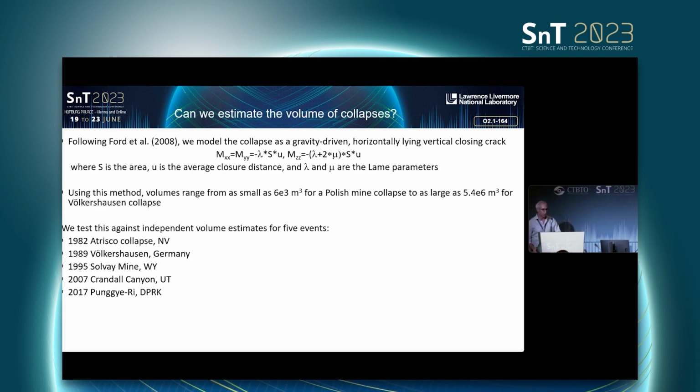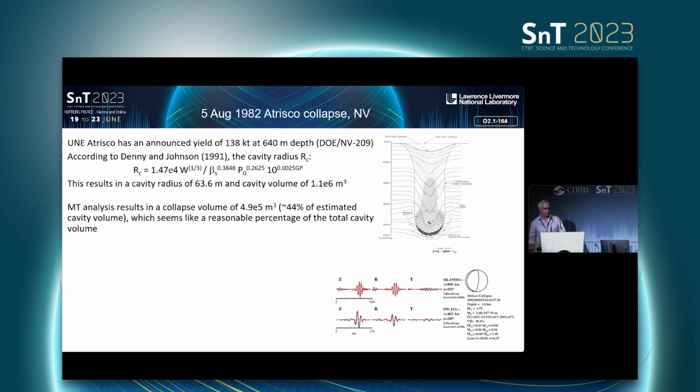And so we have a large data set with which to test this out. And in a few cases, we have independent estimates. So we're going to look at those. The first example is from the underground nuclear explosion at Trisco that occurred in 1982. For this event, it had an announced yield and an announced depth.